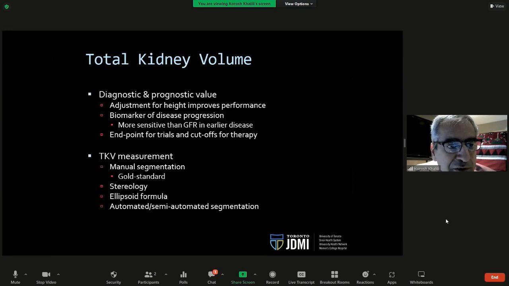So how is total kidney volume measured? The best way to measure it, the gold standard, if you like, is by manual segmentation. And I will show you how that's done. But there are other methods, including the ellipsoid formula, and automated and semi-automated segmentations.